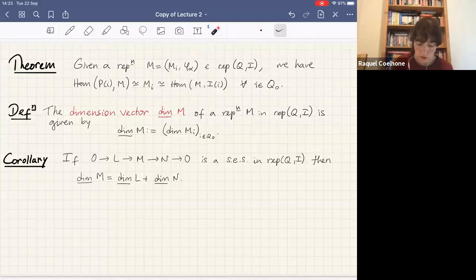And so we can deduce that if we have a short exact sequence, then the dimension vector of the middle term is the sum of the dimension vectors of the outer terms. And this is going to be quite useful to construct these also on the right hand quivers, especially for these hereditary representations of finite algebras. So keep that in mind.